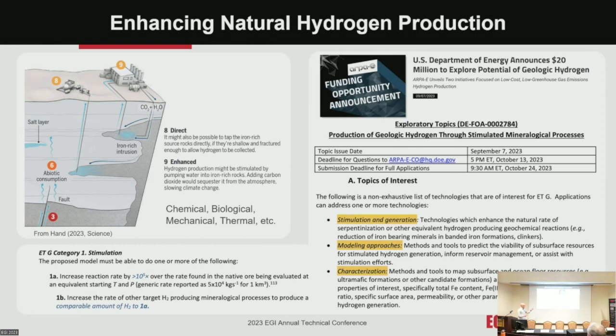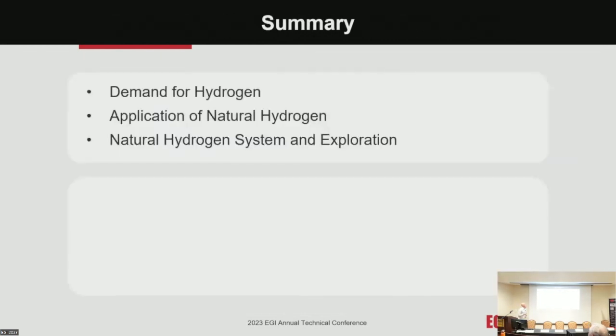One method is applying EGS methods that FORGE has been developing, to fracture the system and then inject water. And there are, of course, other methods. This announcement also includes modeling and characterization. So this is, again, something that EGI might be interested in. So, the summary, okay.